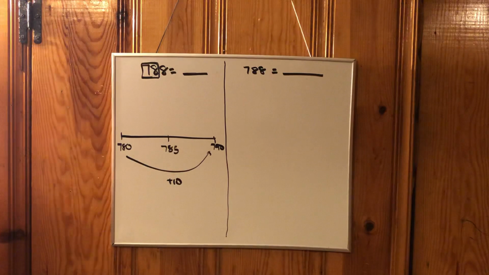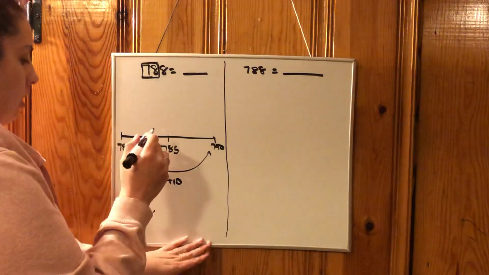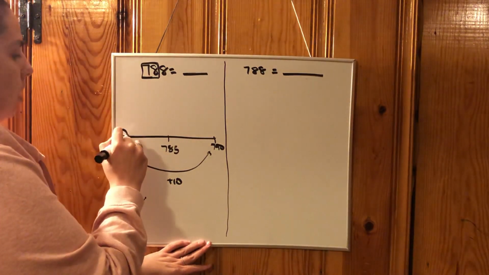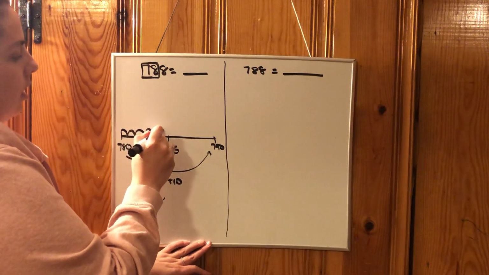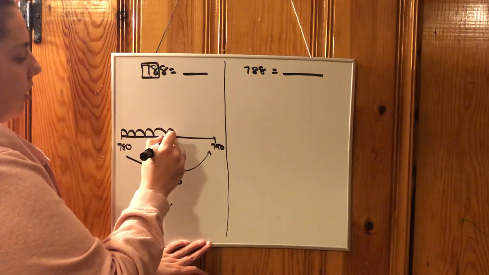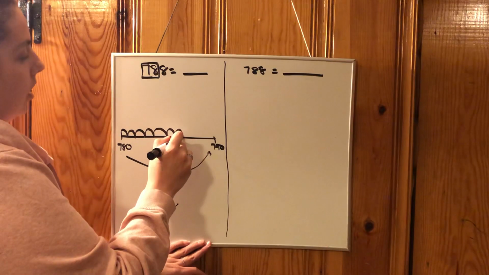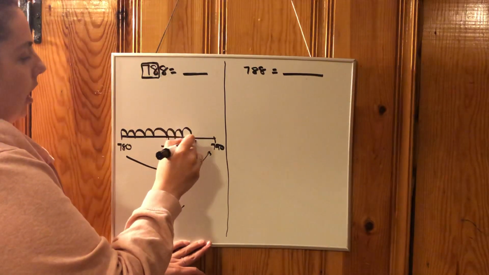Now you can place your target number, 788, on the number line. 781, 782, 783, 784, 785, 786, 787, 788.